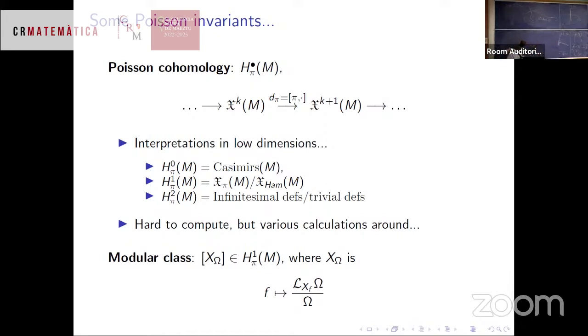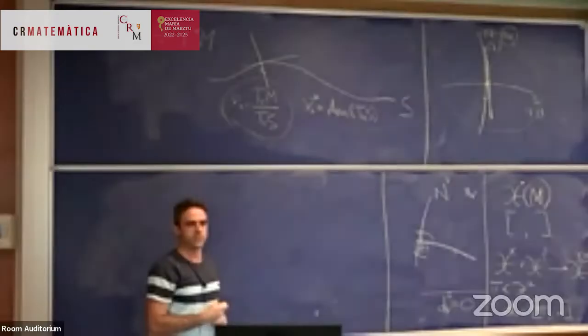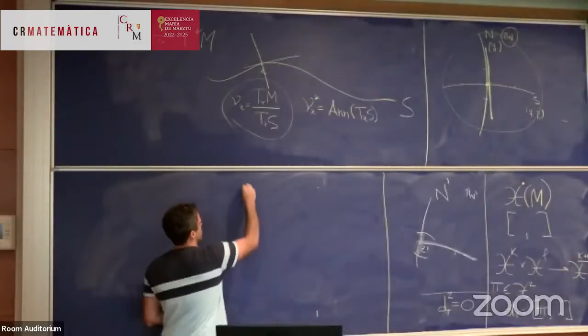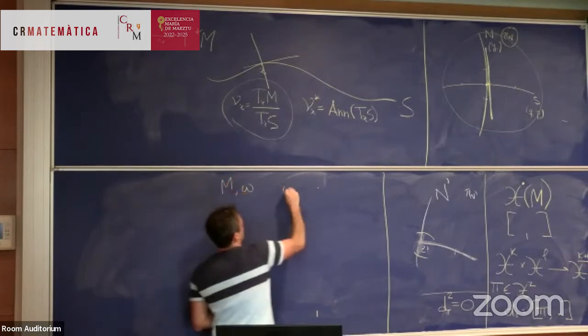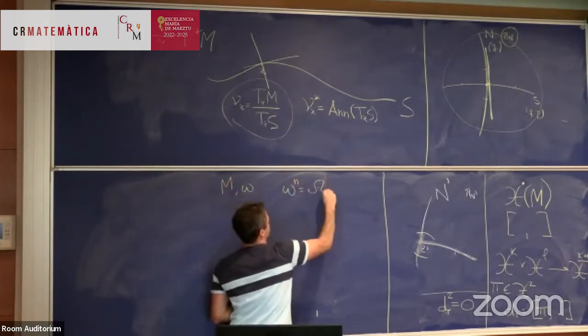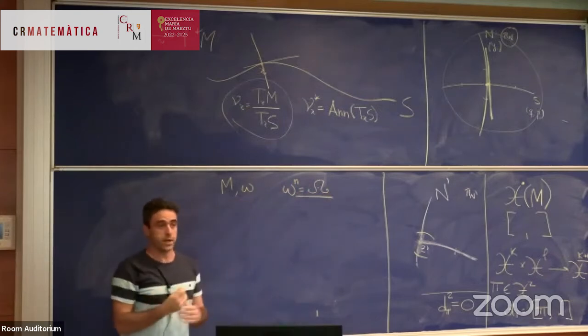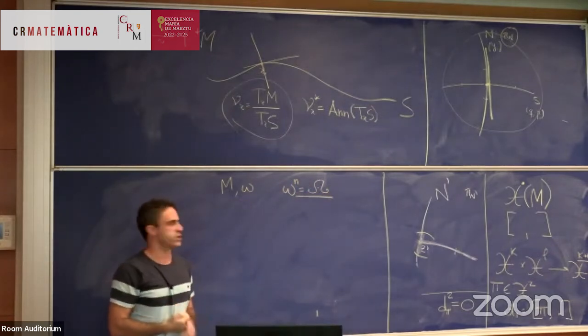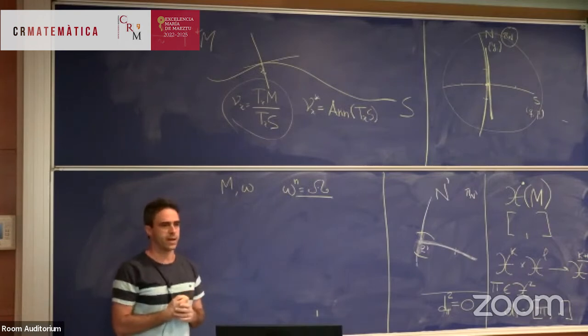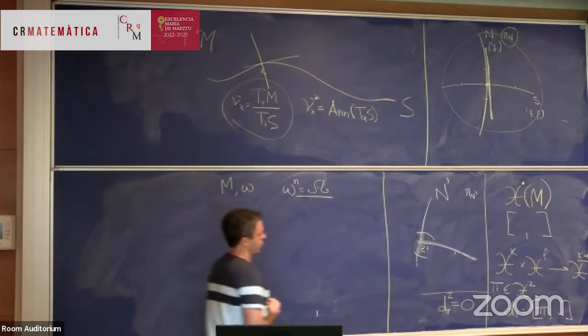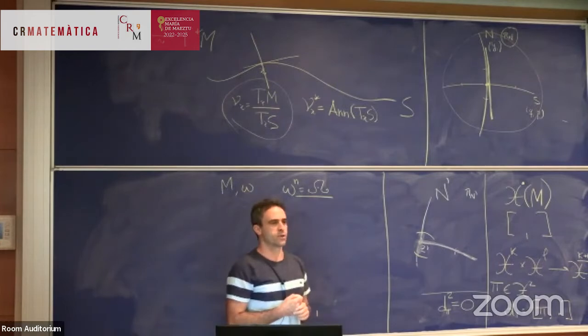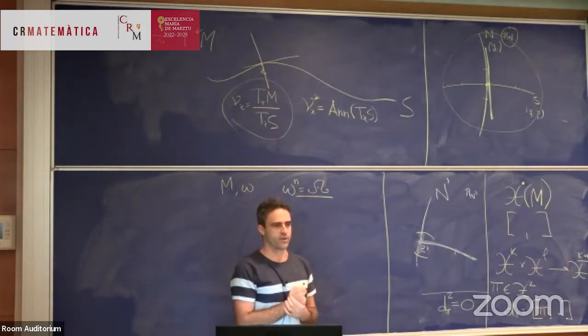You know that, for example, in a symplectic manifold, you always have the Liouville volume form, right? You take this volume form, which will be preserved by any Hamiltonian vector field, just because the symplectic form is preserved by any Hamiltonian vector field. On a Poisson manifold, the situation is much more interesting, right? You may not have volume forms which are preserved by all Hamiltonian vector fields.